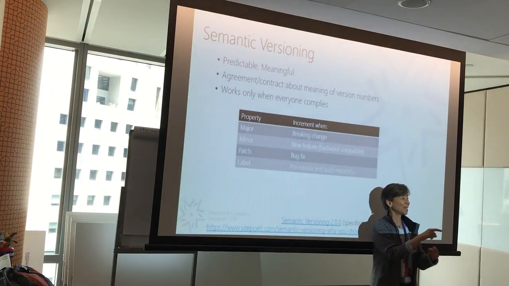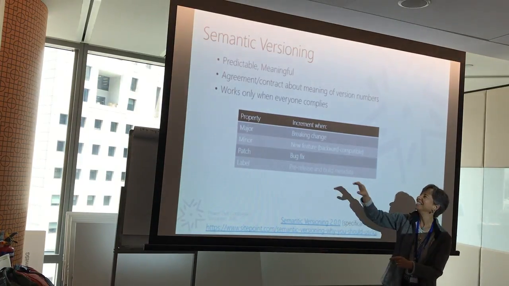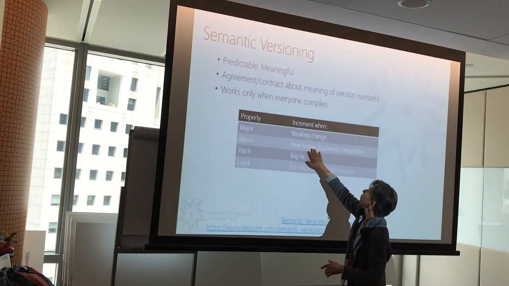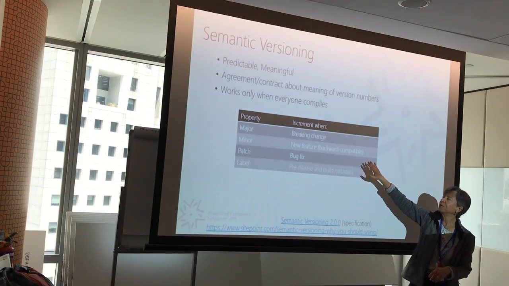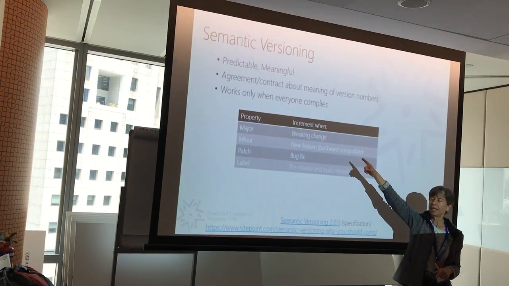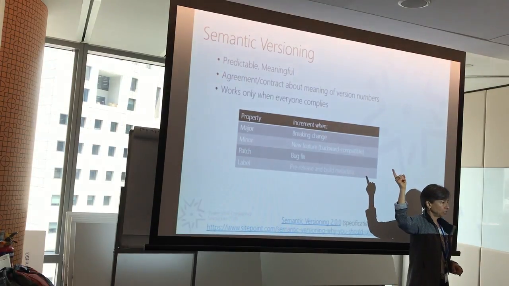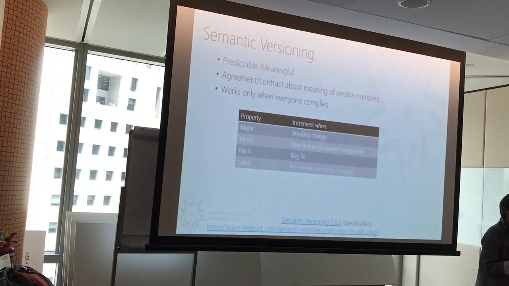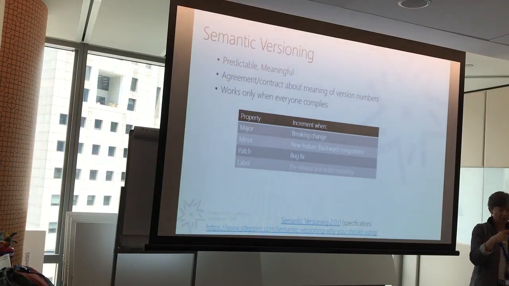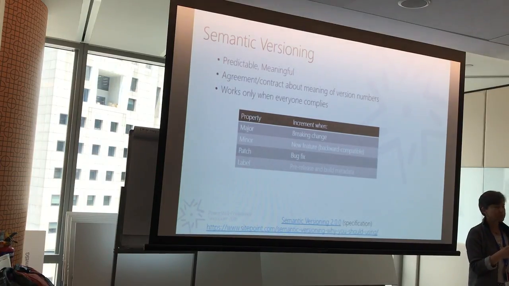Or your code depends on it not being fixed, right? Okay? Minor is for new features that are backward compatible but not backported, and they increment the major version for breaking changes.